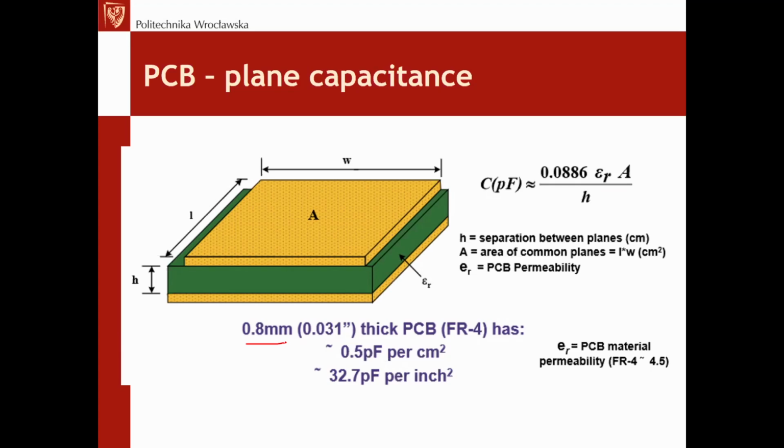For standard, it will be half of this, so each square centimeter is 0.5 picofarad. For 1.6 millimeter FR4, it would be 0.25 picofarad. That's not a high value. I use the name plane capacitance on purpose.